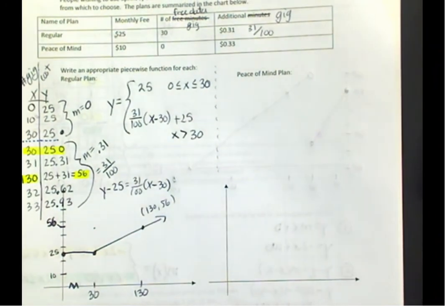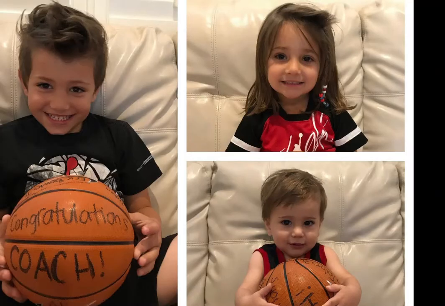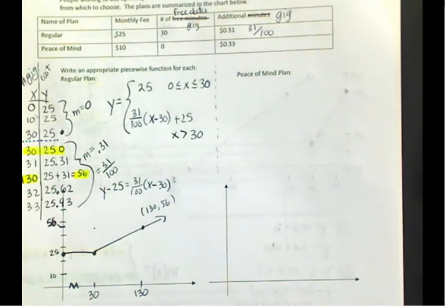Create a graph. It might not be a piecewise if there's no change. If there's no point where it changes, it might not be piecewise.